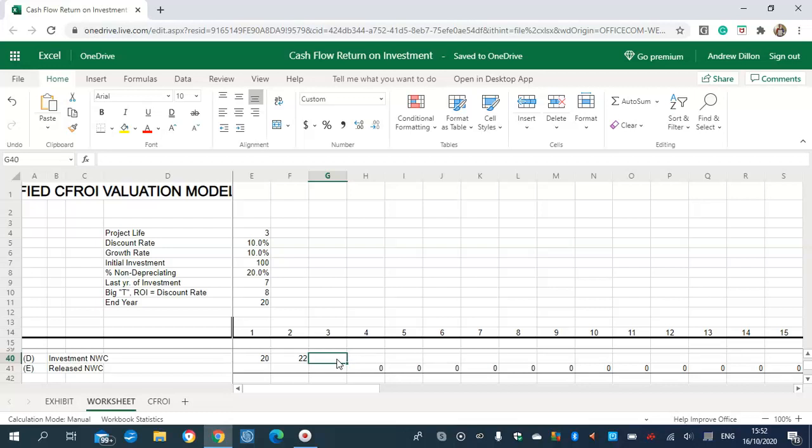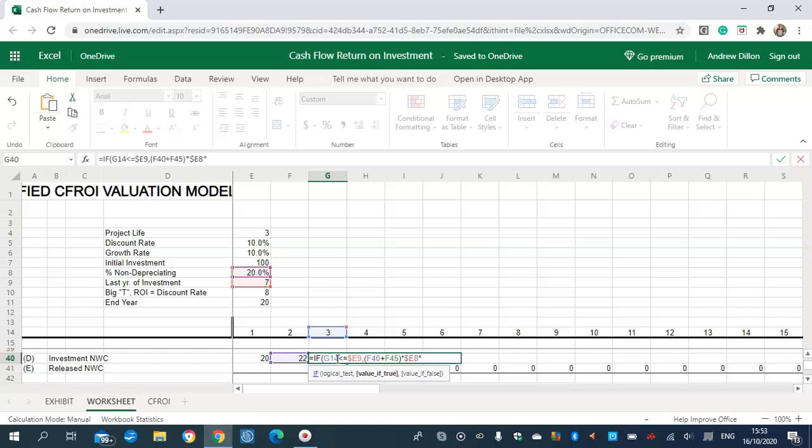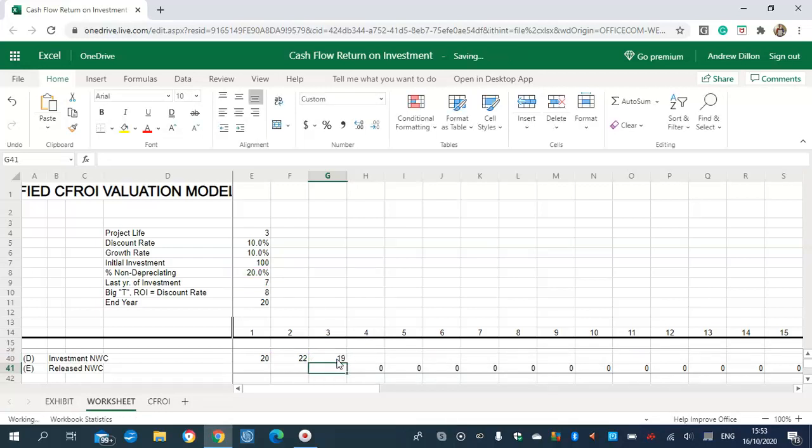Okay, so number 3. Multiplied by 1 plus G16, comma 0 bracket, 19.